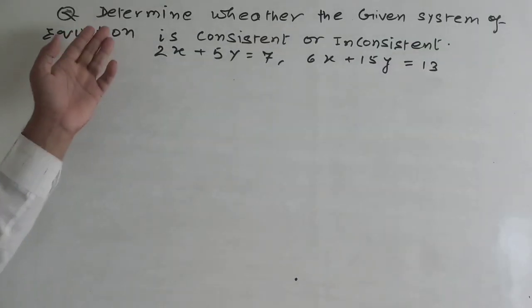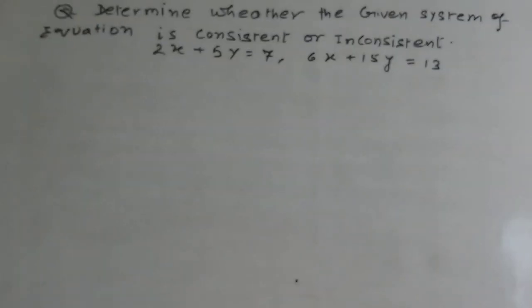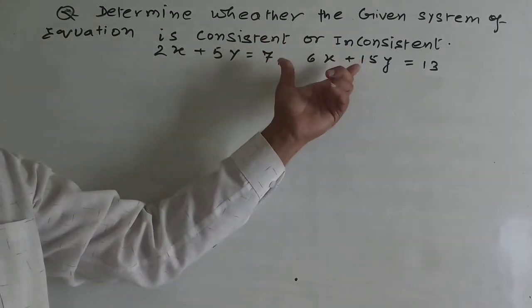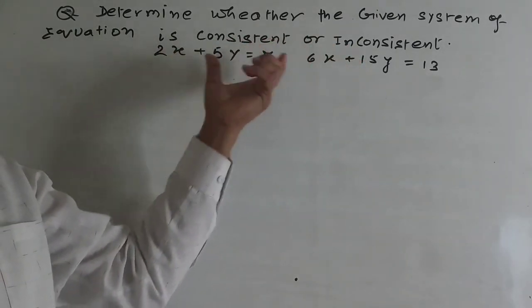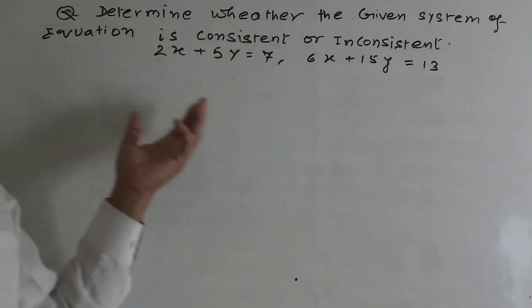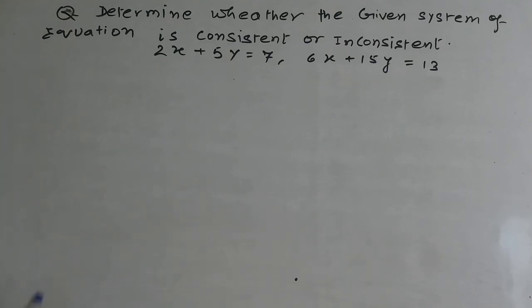Here we have taken a problem: determine whether the given system of equation is consistent or inconsistent. यहाँ पे two variables में हमने दो equations लिए हैं. आपको बताना है यहाँ पे जो system of equation है वो consistent है या inconsistent है. जैसा कि अभी हमारा working rule था, सबसे पहले इन equations से हम तीन matrices बना लेते हैं.